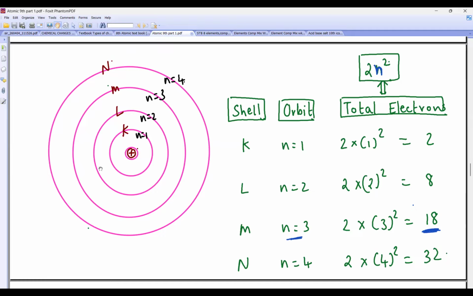So how many electrons? 50 electrons. Write everything I have given: shell, orbit, K shell, L shell, orbit number 1, and the formula is 2n square. At the top, I have written it.